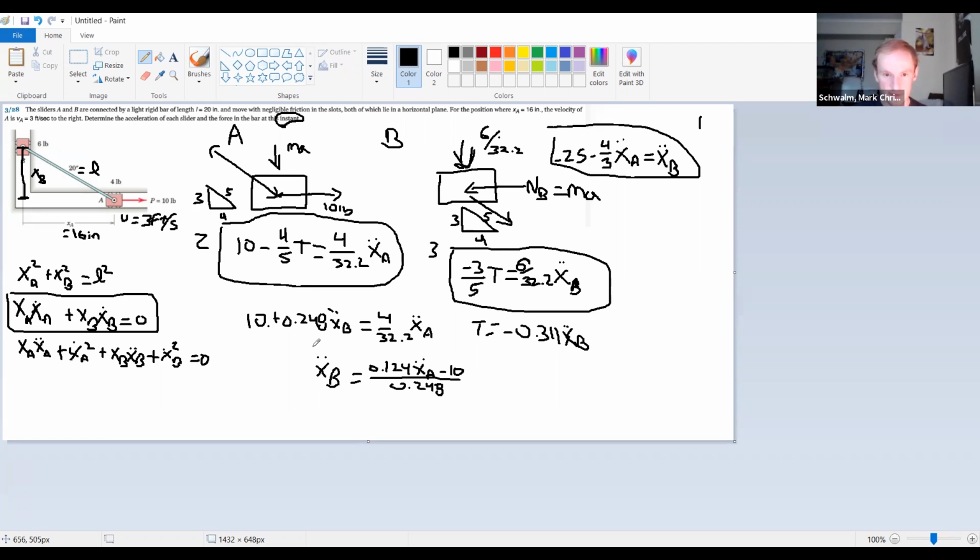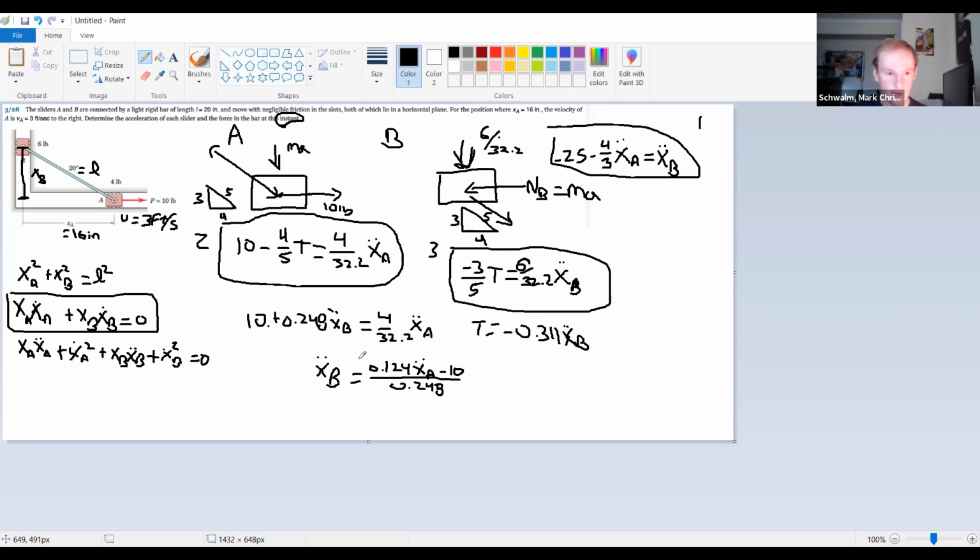I'm skipping a few steps here, but basically I just move this 10 over and then divide by 0.248 and you will get this. I also simplified this 4 over 32.2 into 0.124, just so we wouldn't have multiple divisors going on at the same time.